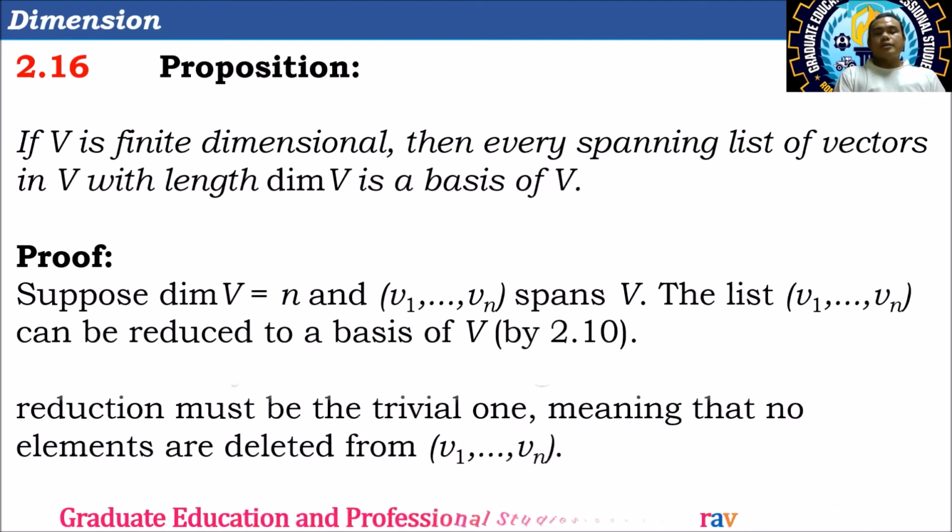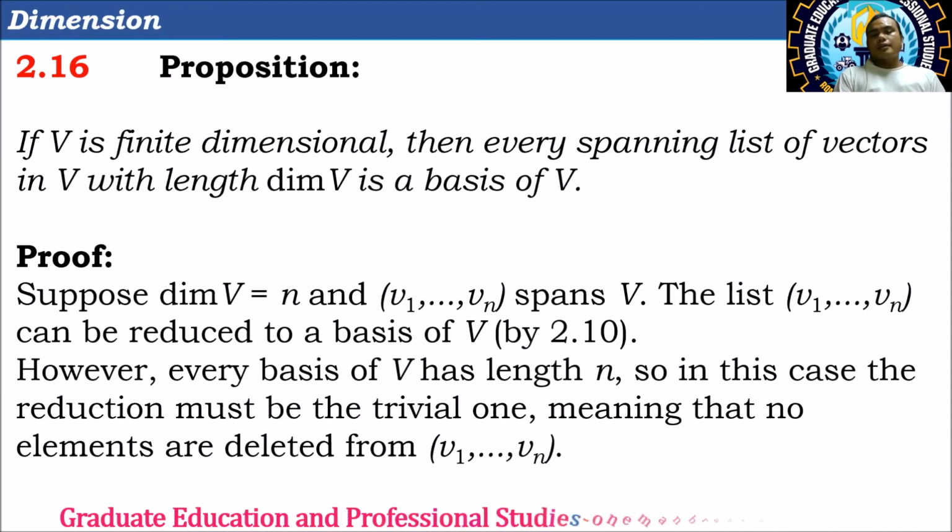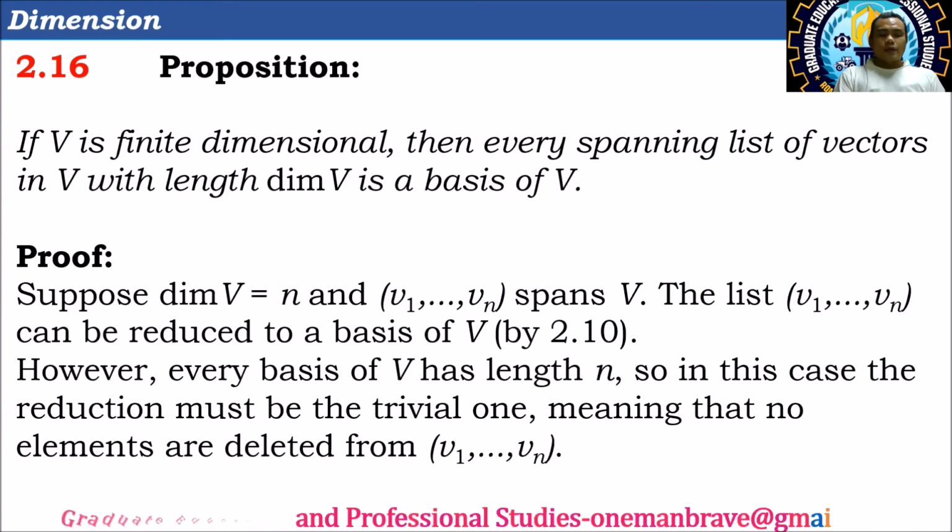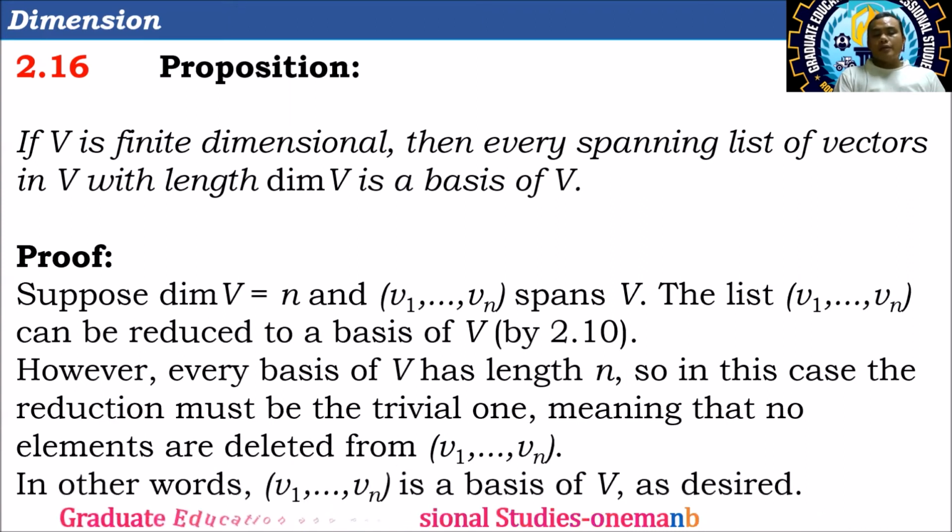However, every basis of V has length n. So in this case, the reduction must be trivial, meaning that no elements are deleted from the v's. In other words, the v's form a basis of V, as we desired to prove.